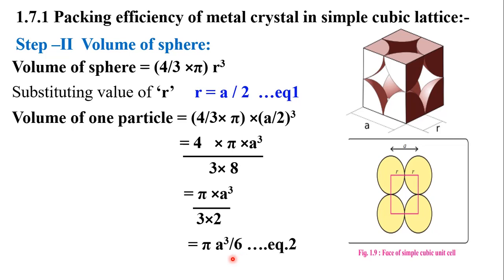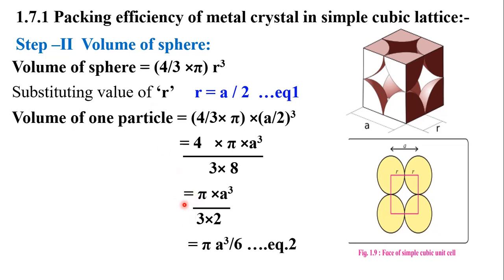So like this we can calculate the volume of a sphere. If you know the volume of a sphere, that is 4 by 3 pi into r cube, then you can calculate the volume of any particle. If two particles are there in a unit cell, then we have to multiply this quantity by 2.